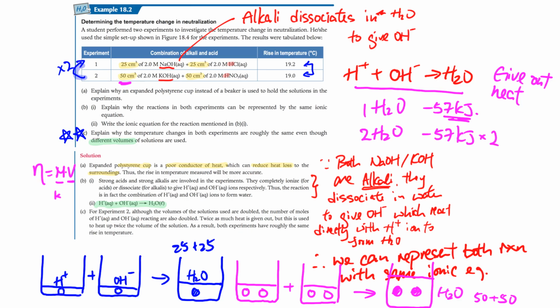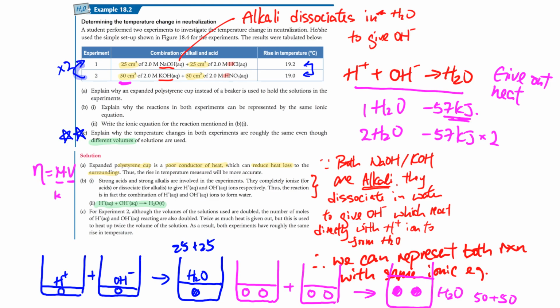So if you have this concept, the more neutralization you form, the more energy will be given out. Then you will see that the energy given out in experiment 1 should be less than that in experiment 2.